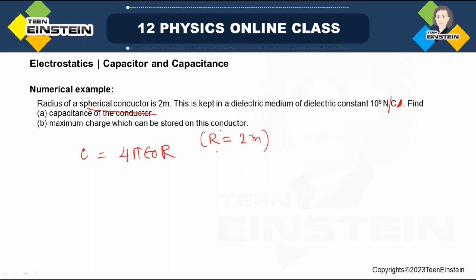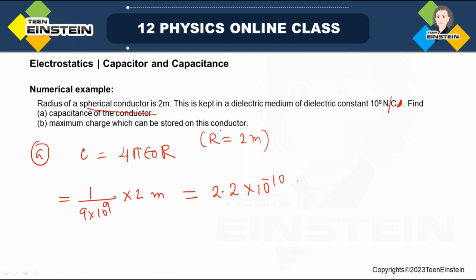First, let us finish the first question. So r is 2 meter, and this will be nearly equal to 2.2 into 10 to the power minus 10.